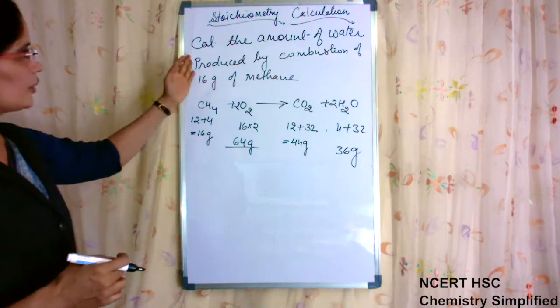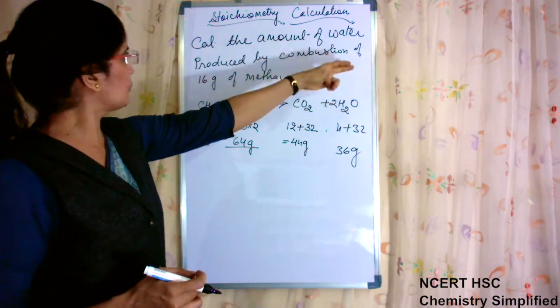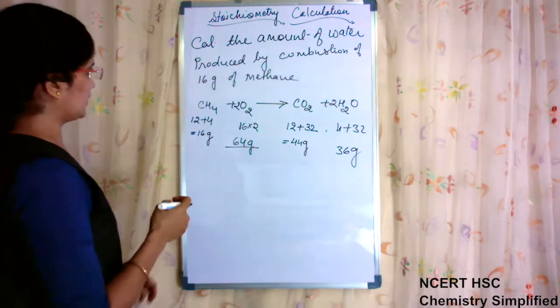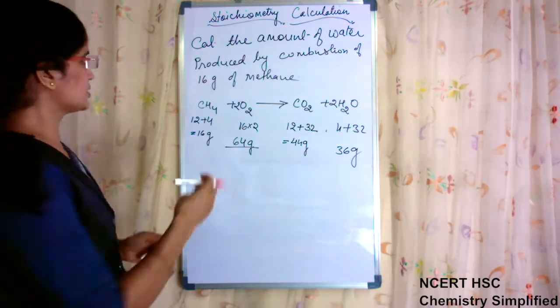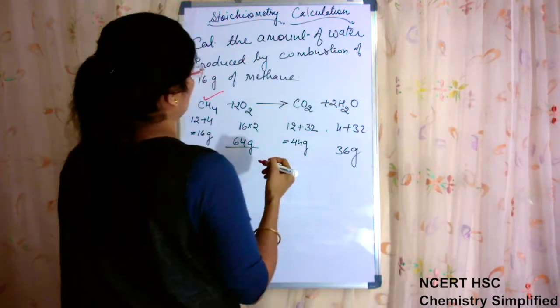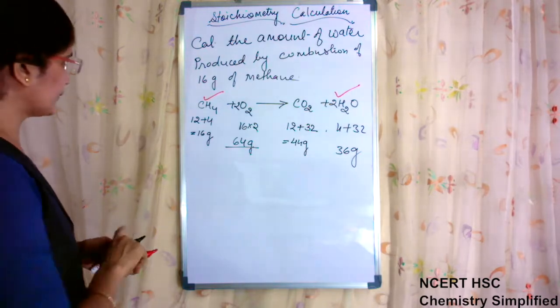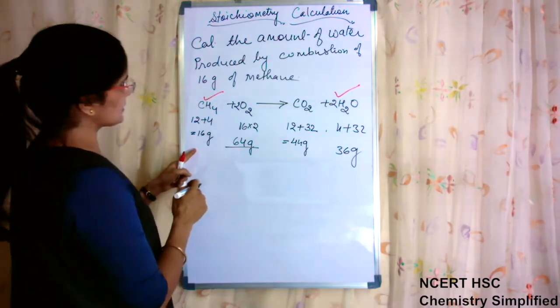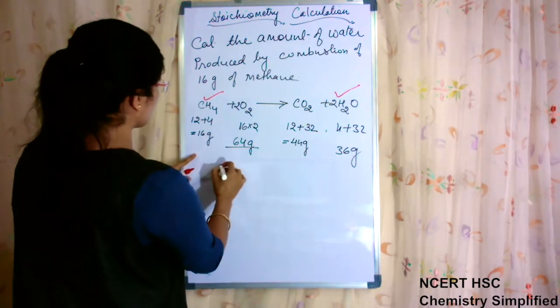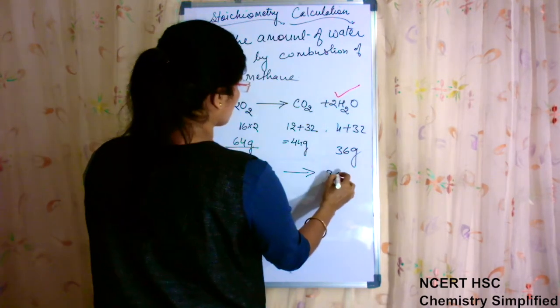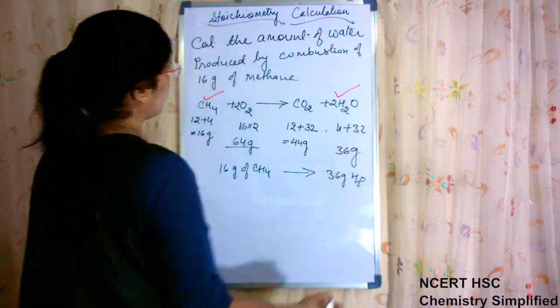Now, according to the question, calculate the amount of water produced by combustion of 16 grams of methane. That means we have to focus on methane and the amount of water produced. Two things we have to focus on. According to the balanced chemical equation, 16 grams of methane is producing 36 grams of water.